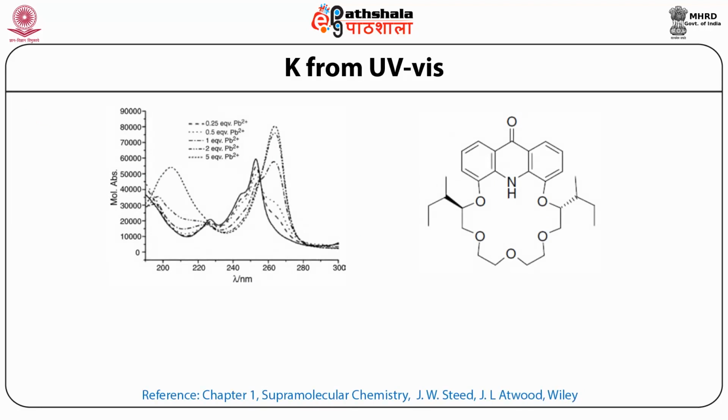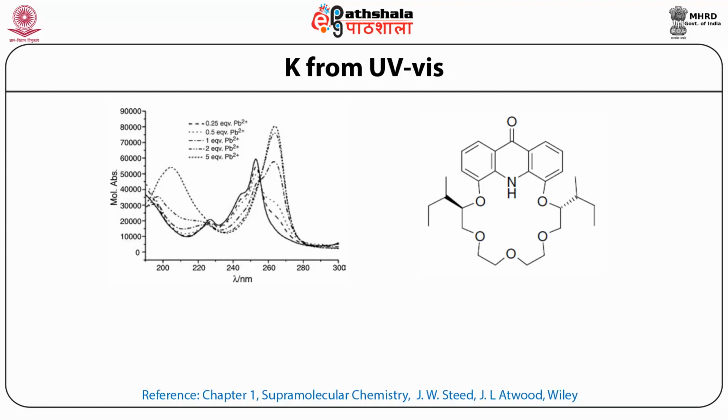We discussed a simple case where only the complex has absorption. However, in reality, both the complex and one of the free ligands may have an absorption band, and this is one of those cases where you can see this particular ligand which binds to lead, and the ligand itself, you see the solid line, that is due to the ligand. Once we titrate with lead 2+, it changes its absorption lambda max, and also it becomes more intense.